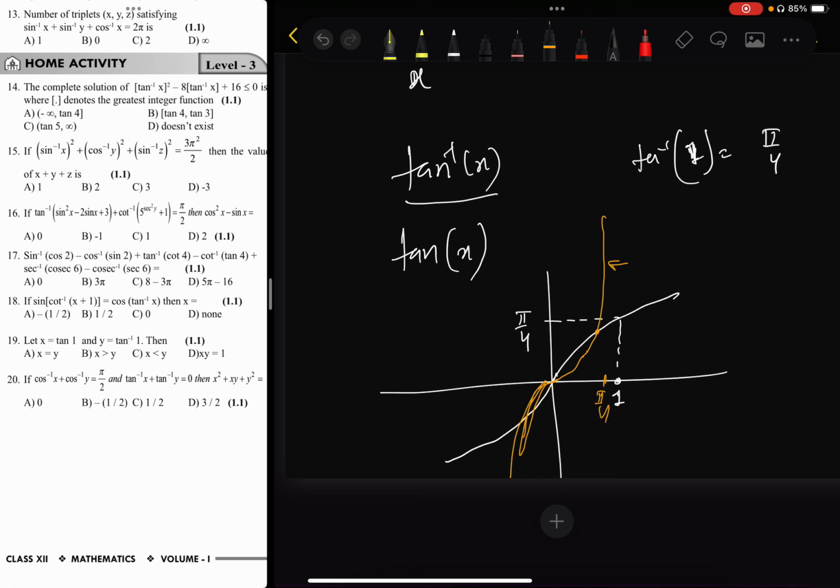So if x is pi by 4, this function will give 1, right? That is greater than this pi by 2, right? Now we need to compare which one is greater. So we are getting tan inverse 1 as pi by 4, that is 0.75 something, and tan pi by 4 is 1, right?